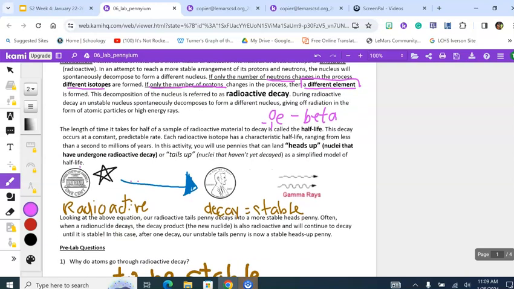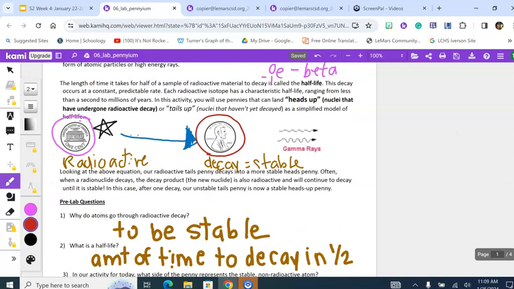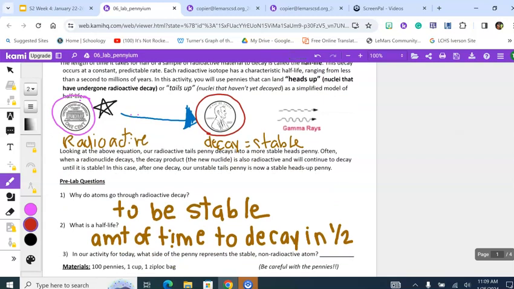So today, you're going to deal with radioactive pennies. If it is tails up, it is radioactive. If it is heads up, that means it is stable. So why do atoms go through radioactivity?